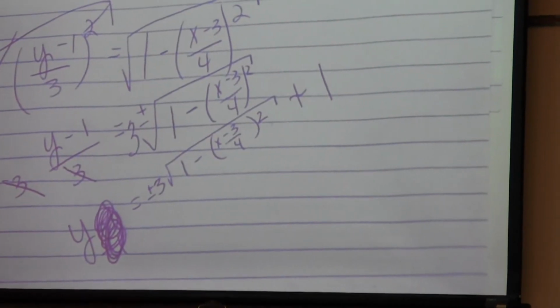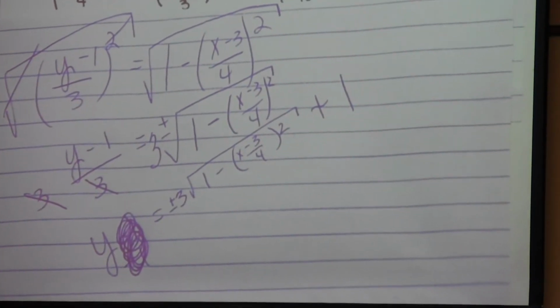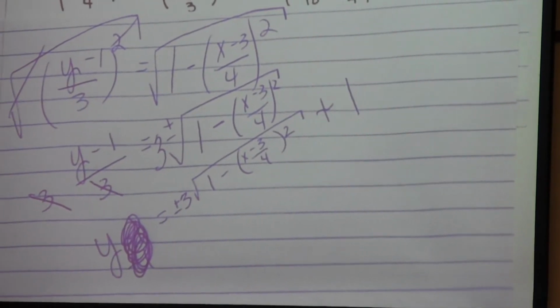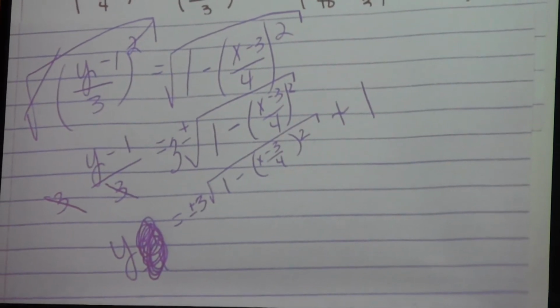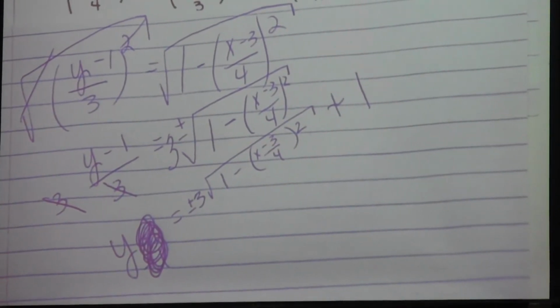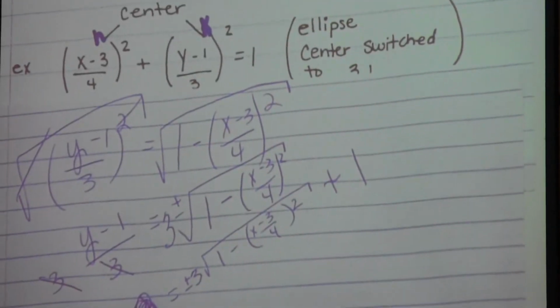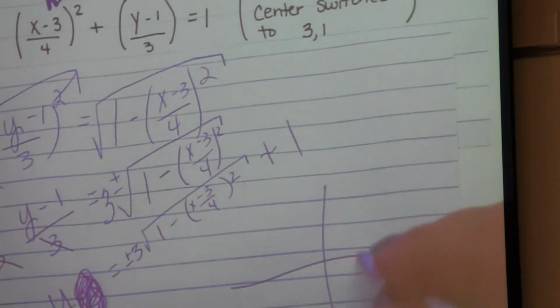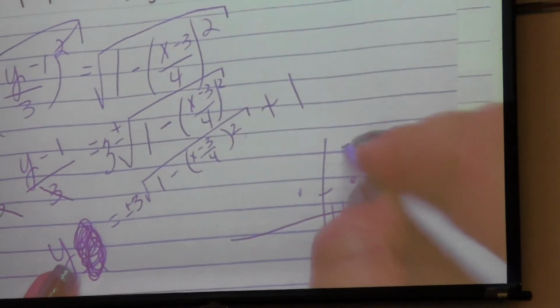So I'd have y equals plus and minus, so I'd have the top and the bottom, 3 times the square root of 1 minus all that stuff in parentheses squared, and my square root sign, plus 1, and then I'd have negative 3 and all that stuff. A lot of work. It seems like a lot of work compared to 3, 1, 4, 4, 3, 3.